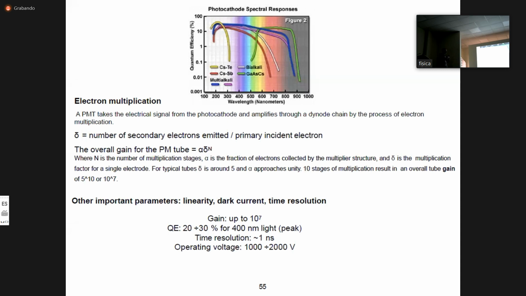You have to understand that your response is linear in a big energy region. And there are some spurious effects like dark noise, which is mostly caused by thermionic emission of electrons from the photocathode.